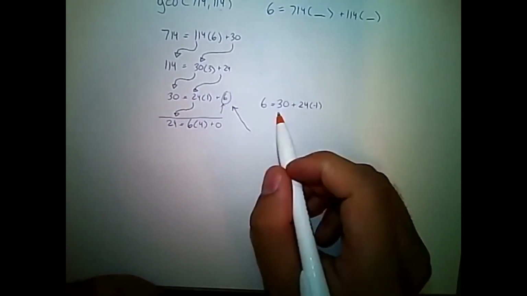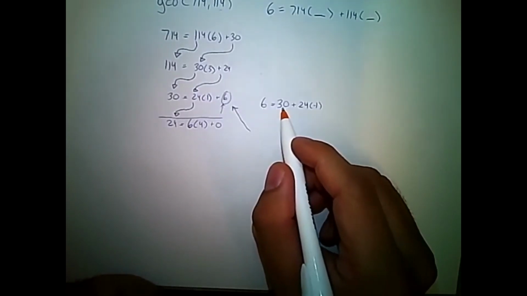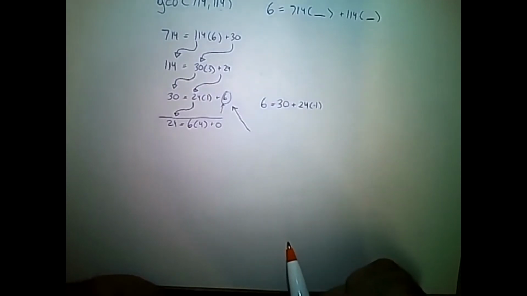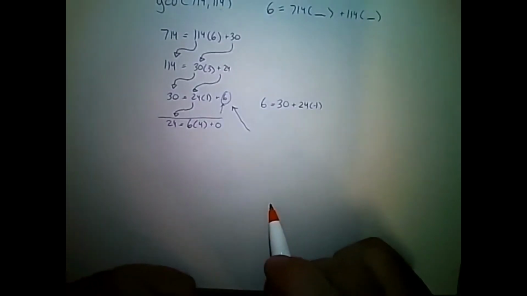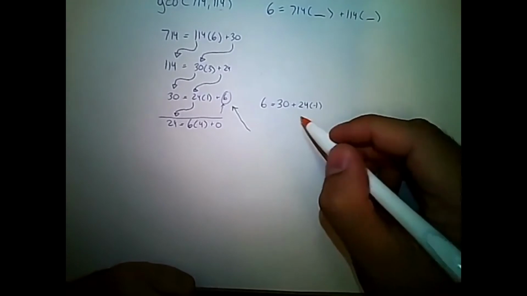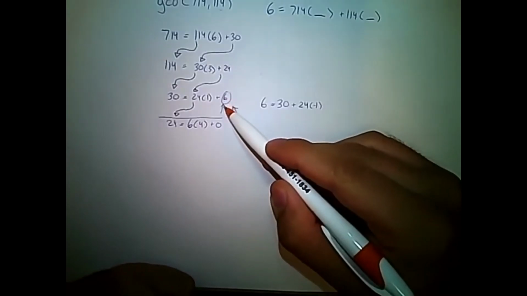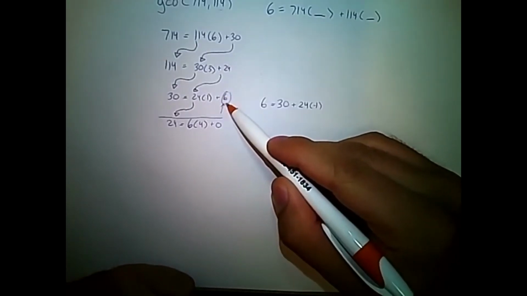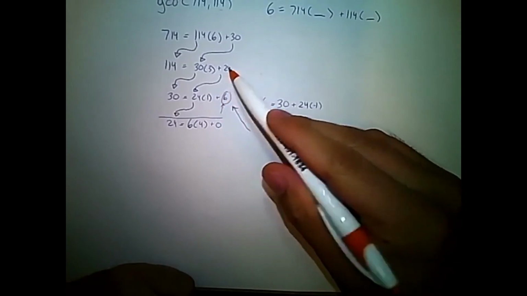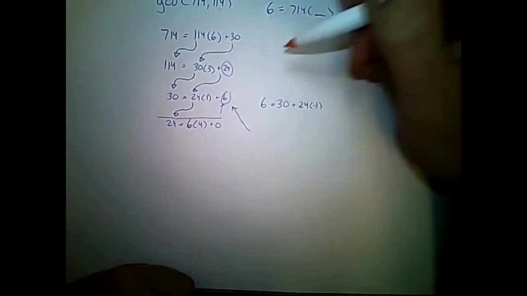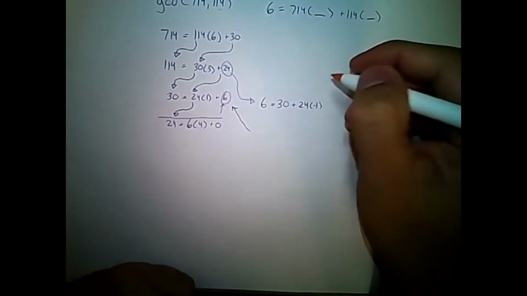We can verify at any time here: 6 is equal to 30 plus negative 24. So that holds true. And now where do we go from here, this next step? We use the GCD here from this equation, but now we want to use our remainder, this 24, and see where we can substitute it in this equation here. So let's try that.